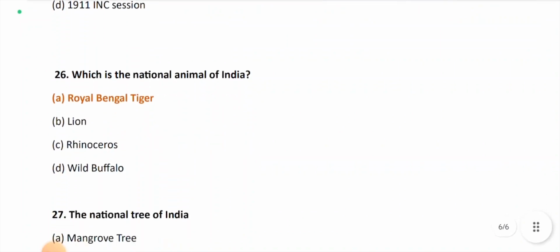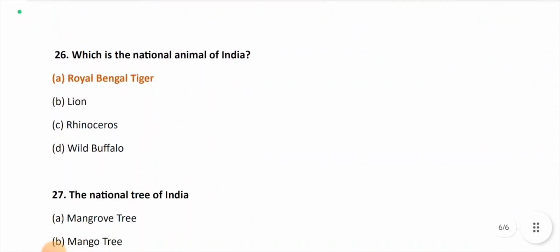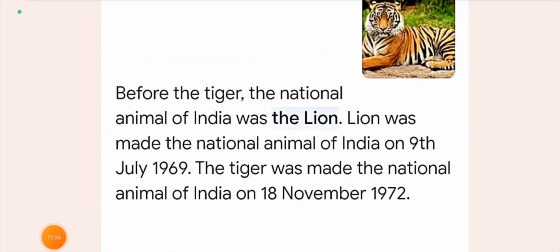26. Which is the national animal of India? Option A, Royal Bengal tiger. Actually, before the tiger, the national animal of India was the lion. Lion was made the national animal of India on 9th July 1969.